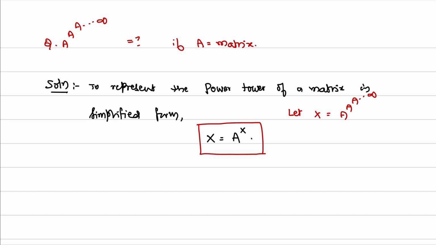Now, for A to the power of A, what did we develop in the last class? A should be diagonalizable.